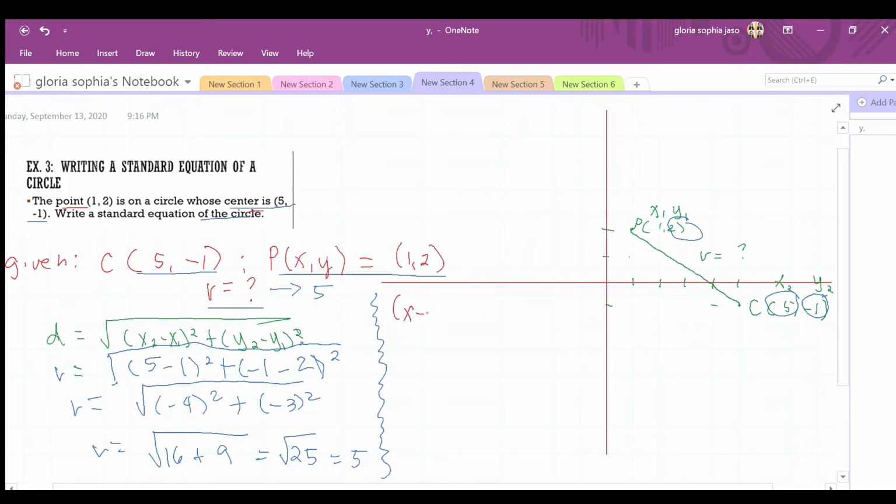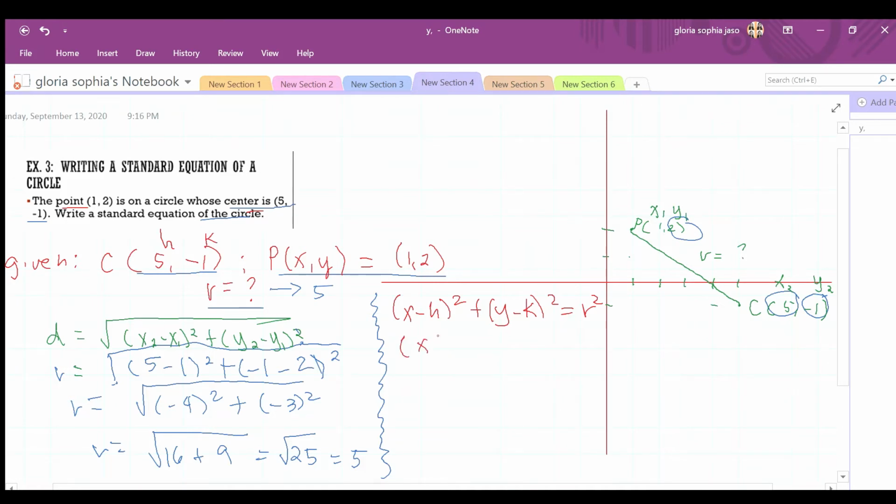So, x minus h squared plus y minus k squared equals r squared. Okay? So, substitute natin. Ano ba yung h natin? So, ang h natin ay 5 at ang k natin is negative 1.